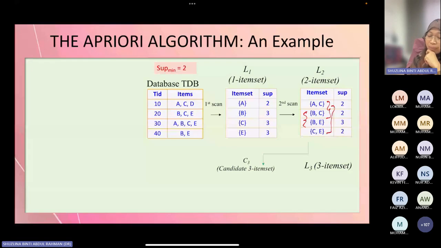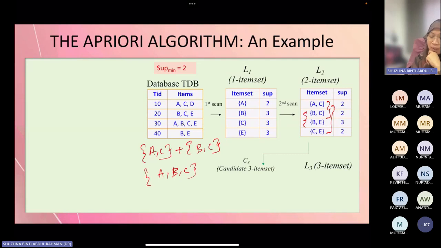If we combine AC with BC, we will get A, B, and C. If we combine AC and BE, we will get A, C, B, E, but this is not valid because we are only interested in 3-itemsets, so we remove this. The next one will be B, C, and E.